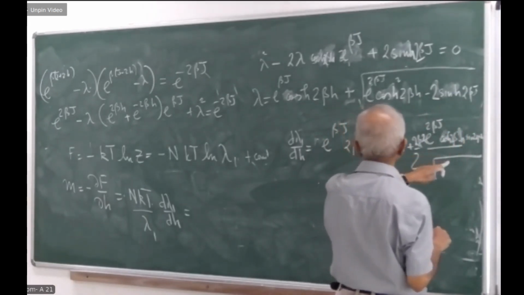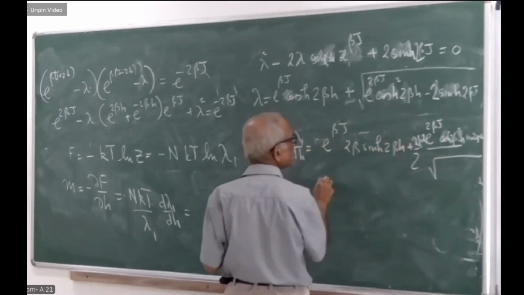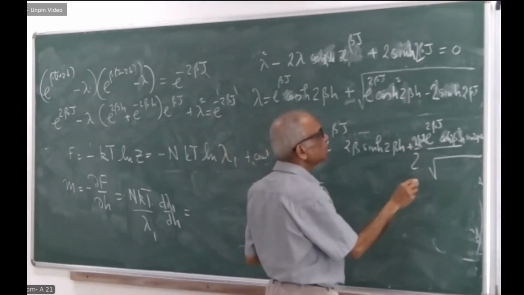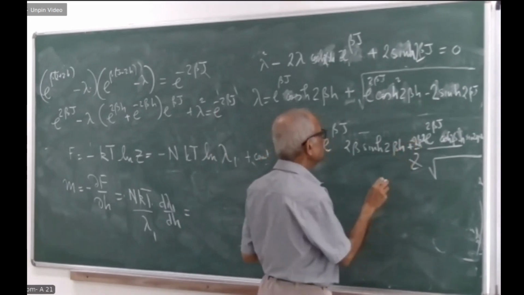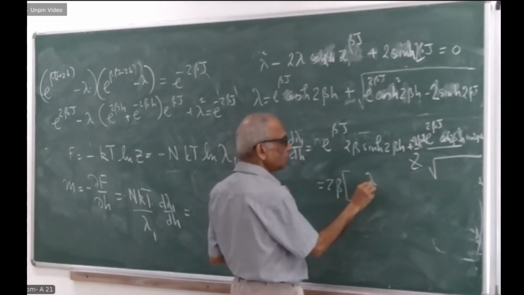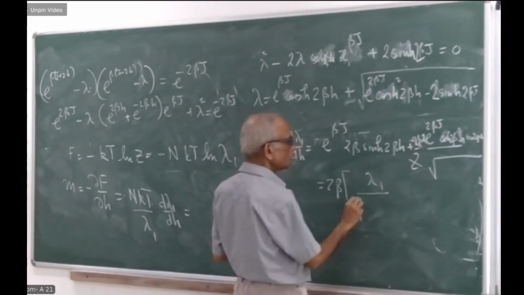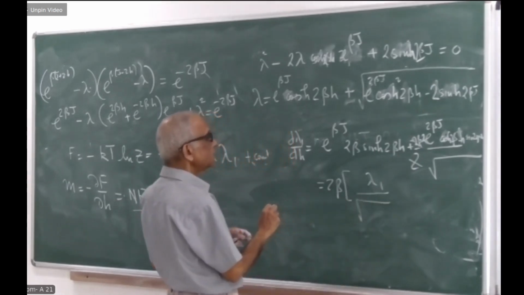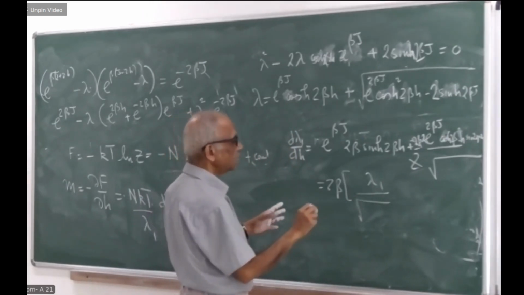So this is this, which is equal to, so now you cancel the 2's, this 2 and this 2, a 2 beta comes out, and you have a lambda 1 on the top, and I have a square root on the bottom, and there is a sine hyperbolic 2 beta h, right?